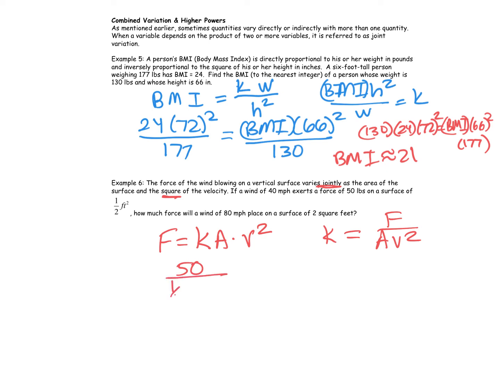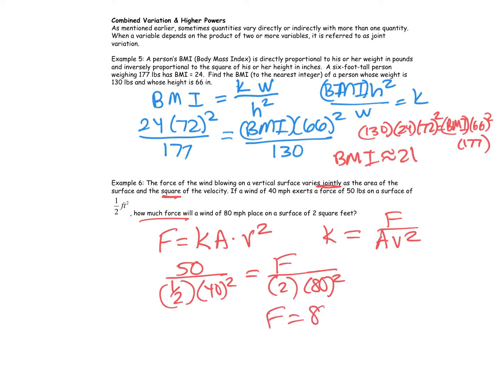The surface area is a half, and the velocity of the wind was 40 miles per hour, equals, it's how much force, so force is the missing one in the second bit of information, will a wind of 80 miles per hour place on a surface of 2 square feet. Okay, so that's what you're doing. You're going to solve for F, and it should be 800 pounds.